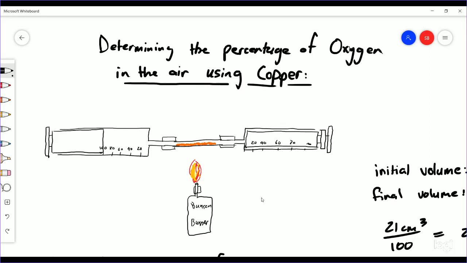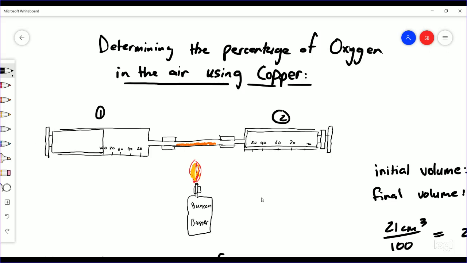We've got two syringes, on the left-hand side and the right-hand side, that you can use to change the amount of air. On this side there is zero air, because the syringe is pushed all the way through. And on this side, we've got the syringe pulled out to 100 centimeters cubed of air.